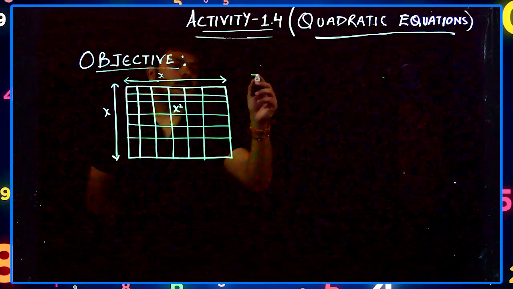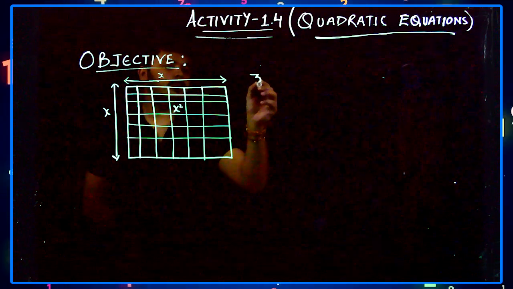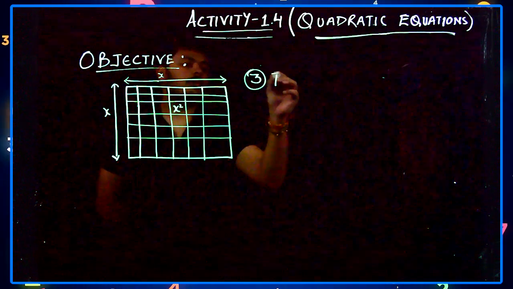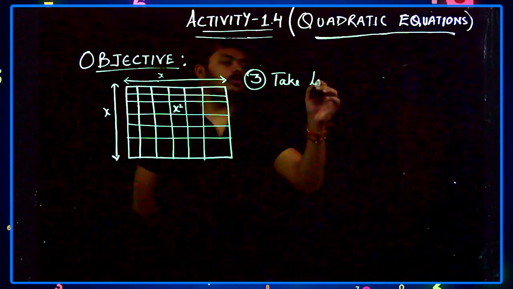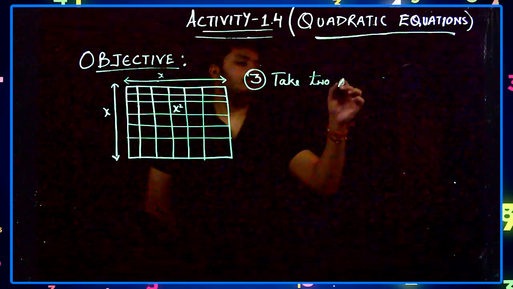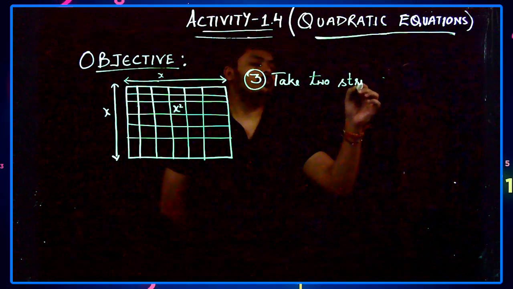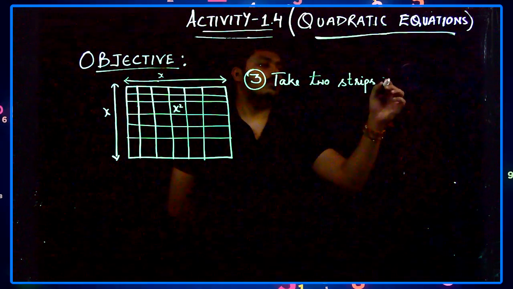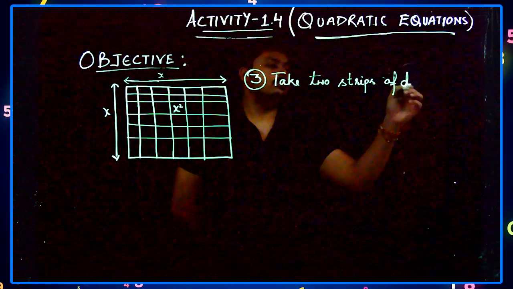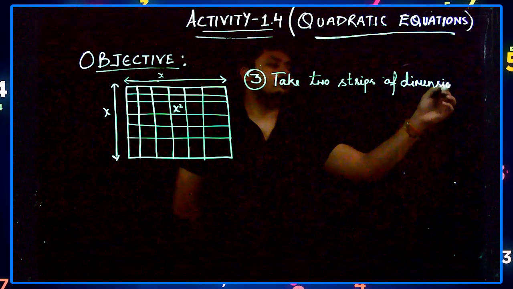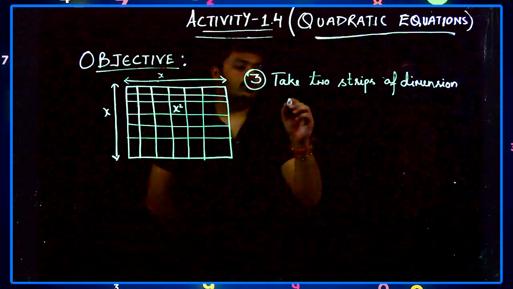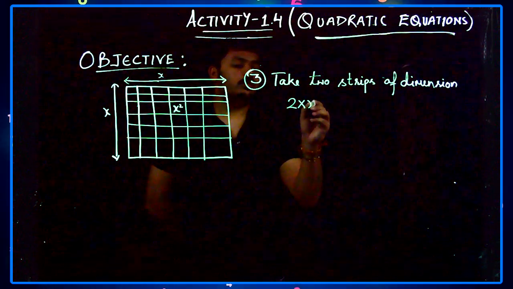Now step 3, take two strips of dimension 2 into x each.